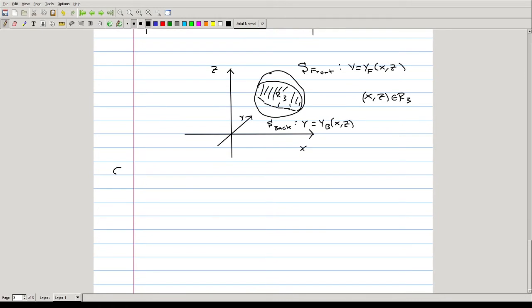So let's consider the following: the divergence of F in Cartesian coordinates is the sum of dP/dx plus dQ/dy plus dR/dz.